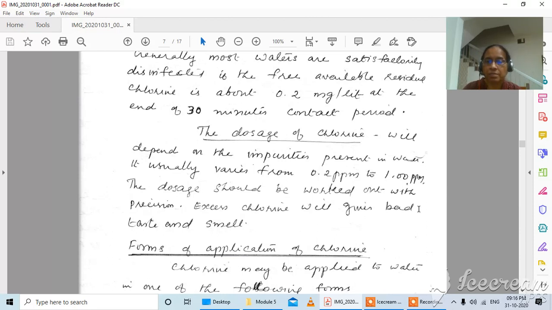And here it is mentioned, the dosage of chlorine will depend on the impurities present in water. It usually varies from 0.2 to 1 ppm. So usually the dosage of chlorine, 0.2 is very low. Usually it is more than that. If the water is almost pure, then you can have just 0.2 ppm, that is 0.2 milligram per liter.